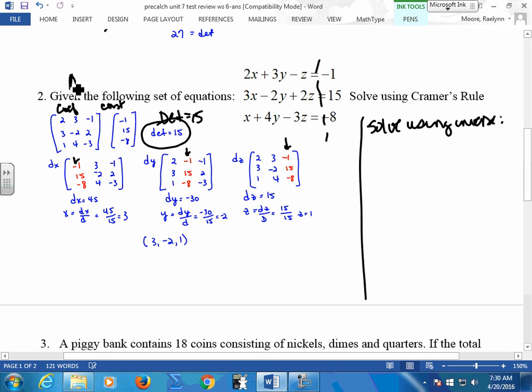Look, this is your A right now. This is your B, right? So you're going to do A to the negative 1 times B. And this A to the negative 1 is a 3 by 3. B is a 3 by 1. So your result will be a 3 by 1, which will look like 3, negative 2, 1.